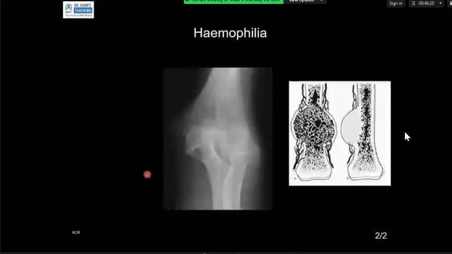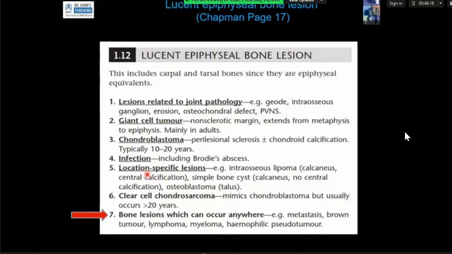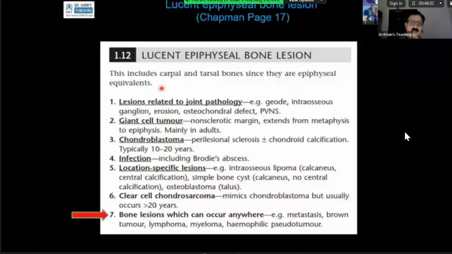Some cartilaginous tumors, which I don't remember well. Look at this. Lucent epiphyseal bone lesion. This includes carpal and tarsal bones since they are epiphyseal equivalent. Okay, so we can think about that.